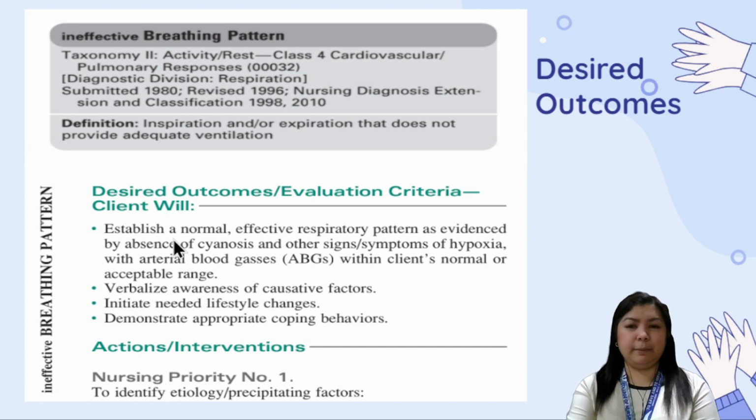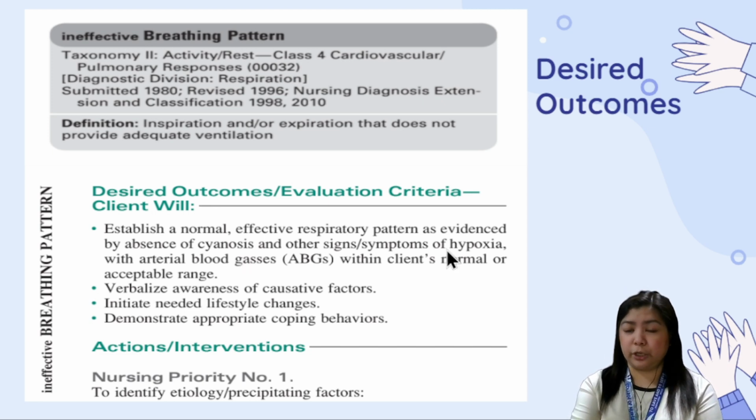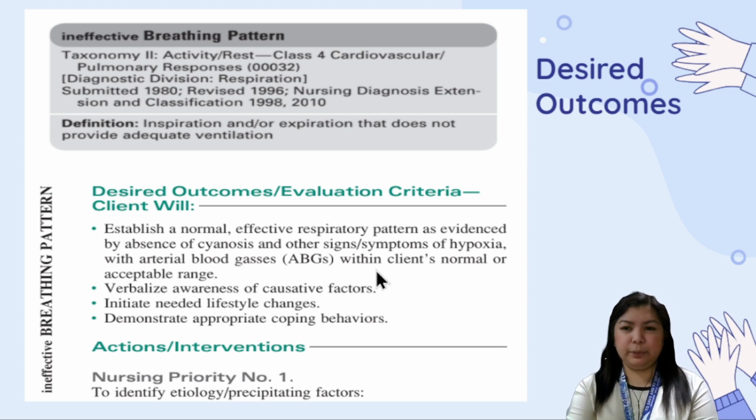For example, the client will be able to establish a normal, effective respiratory pattern as evidenced by the absence of cyanosis and other signs and symptoms of hypoxia, with ABGs within normal limits or acceptable range. So that's one desired outcome. Verbalize awareness of causative factors. The client will be able to initiate lifestyle changes. The client will be able to demonstrate appropriate coping behaviors. So these are our desired outcomes.